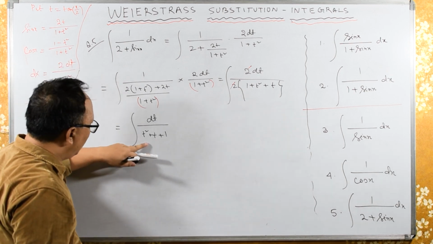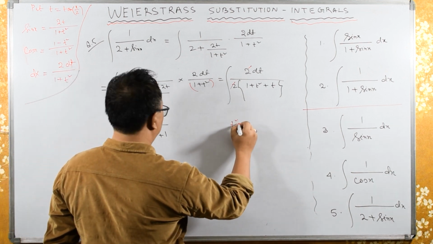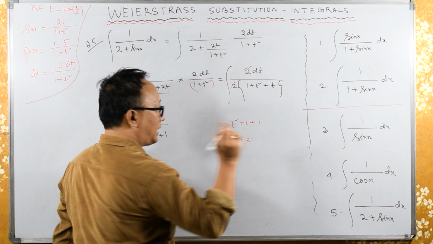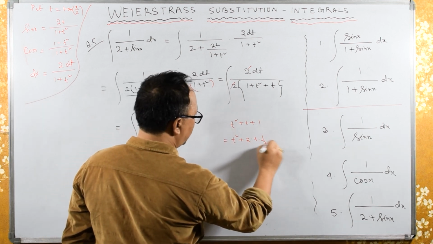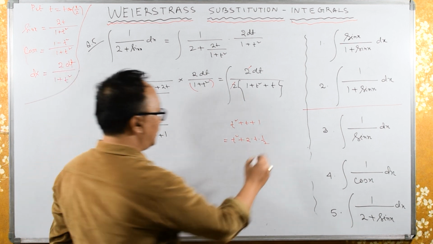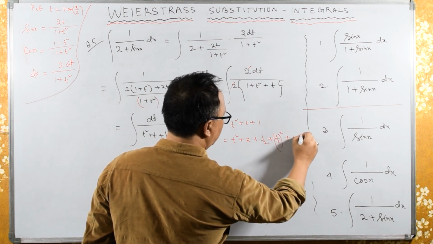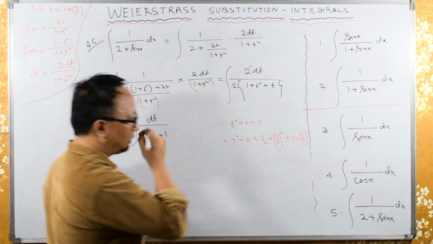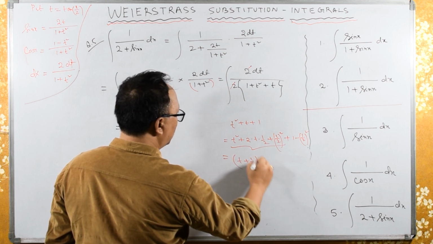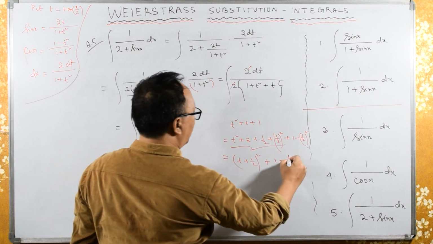Now consider t square plus t plus 1. This is the same as a square plus twice a b plus b square, which I need for the formula. T I already have; the half and 2 get cancelled, so I will have only t, plus for the formula I need the square of 1 by 2, the whole square, and then 1 minus this extra 1 by 4. So this is t plus half the whole square plus 1 minus 1 upon 4.